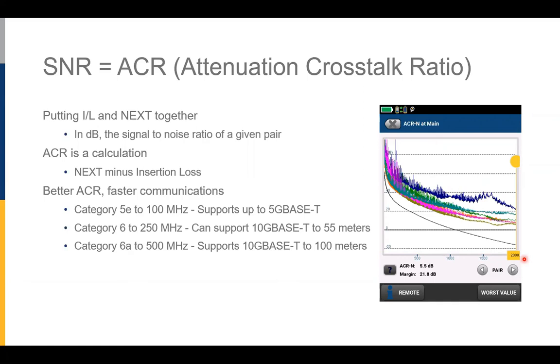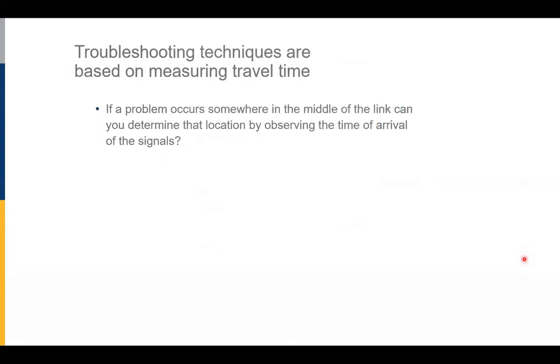So while category 8 can go all the way out to 2 gigahertz, a much higher frequency, because we're operating at that higher frequency, we're reduced to only 30 meters, about 100 feet of distance. So category 8 is sort of a specialized application that we see in data centers, but I don't see a lot of that getting installed. Certainly 5E, 6, and 6A are very prevalent, available, if you will, in the market.